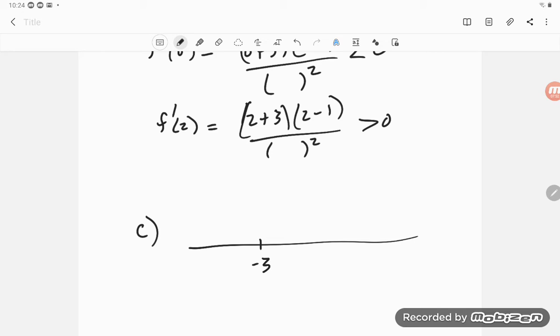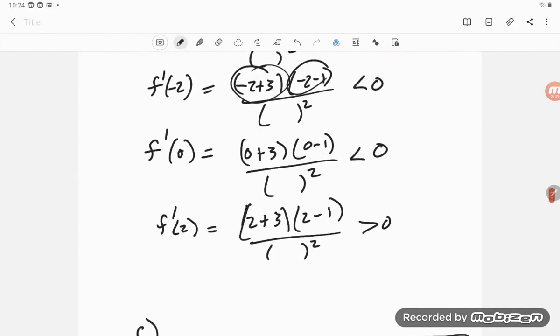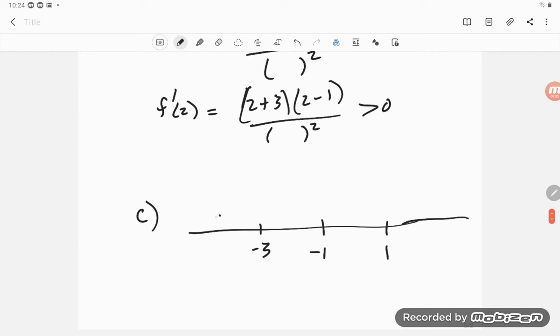So we had -3, -1, 1, like that, and we were a plus, a minus, a minus, and a plus. So we had a positive slope, then a negative slope, then a negative slope, and then a positive slope.